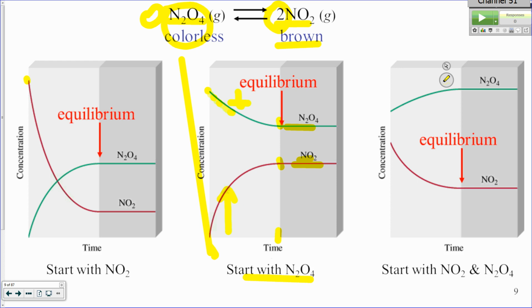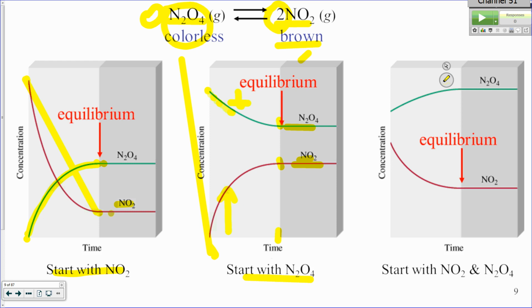I'm going to start with this brown gas over here. All right, so I've got NO2 in there, and there's none of the reactant. If I just put that in a container by itself, it starts to decompose, the reaction goes backwards, and then the reactant is formed, okay? So it again reaches a point where it's at equilibrium.